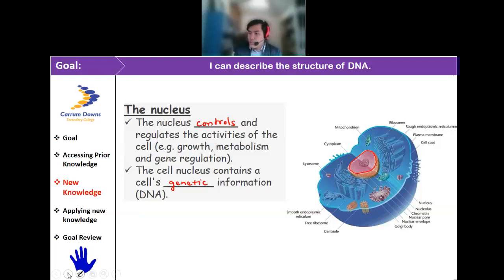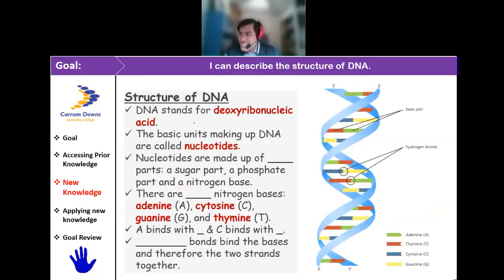So let's talk about DNA. DNA stands for deoxyribonucleic acid. So you can see here where the D, N, and the A come from. D for deoxyribo, nucleic, as in nuclear, sorry, it's in the nucleus.